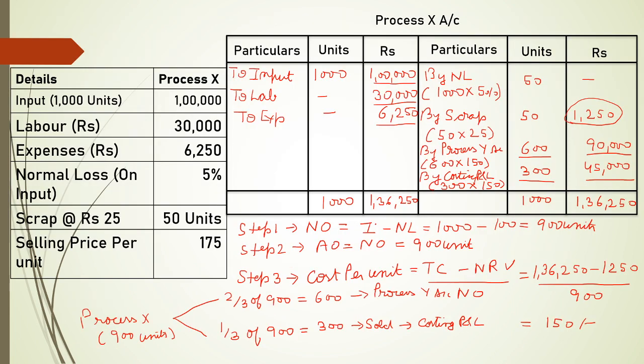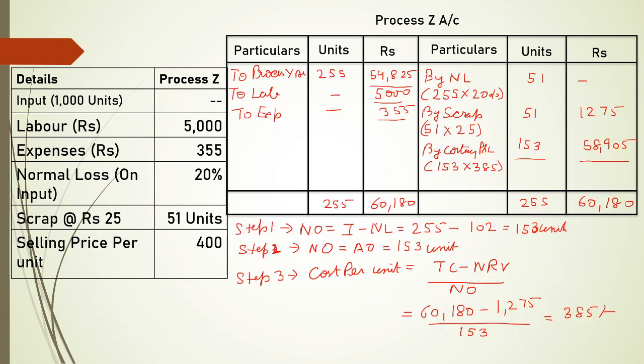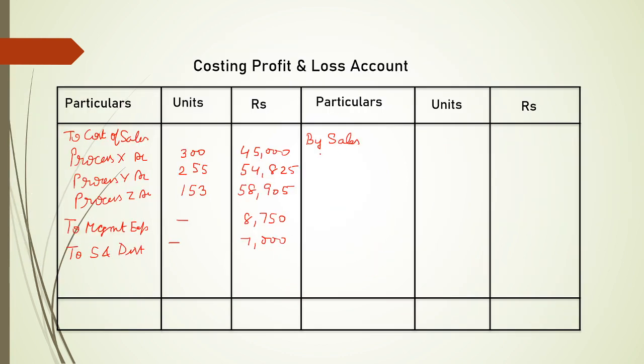So we multiply the number of units with the selling price to find out the sale. So in process X, the number of units is 300 and the selling price per unit is 175 rupees. So our sales are 52,500.